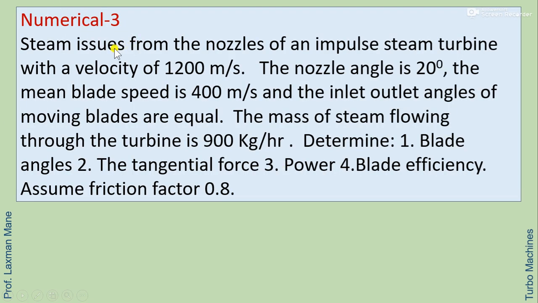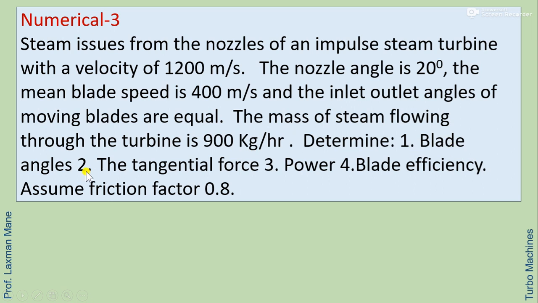Numerical 3. Steam issues from the nozzle of an impulse steam turbine with a velocity of 1200 meters per second. Nozzle angle is given, mean blade speed is given. Inlet and outlet angles of the moving blades are equal, meaning theta and phi are the same. Mass flow rate of steam is given in kilograms per hour.